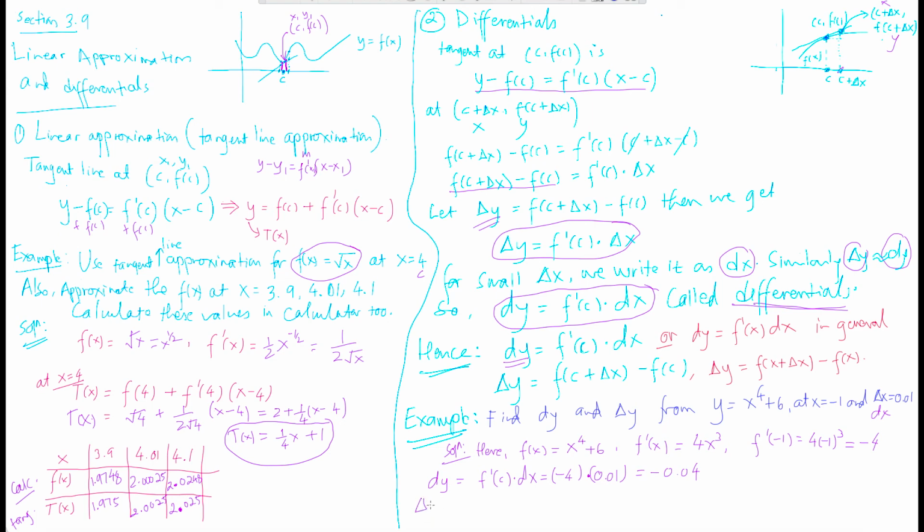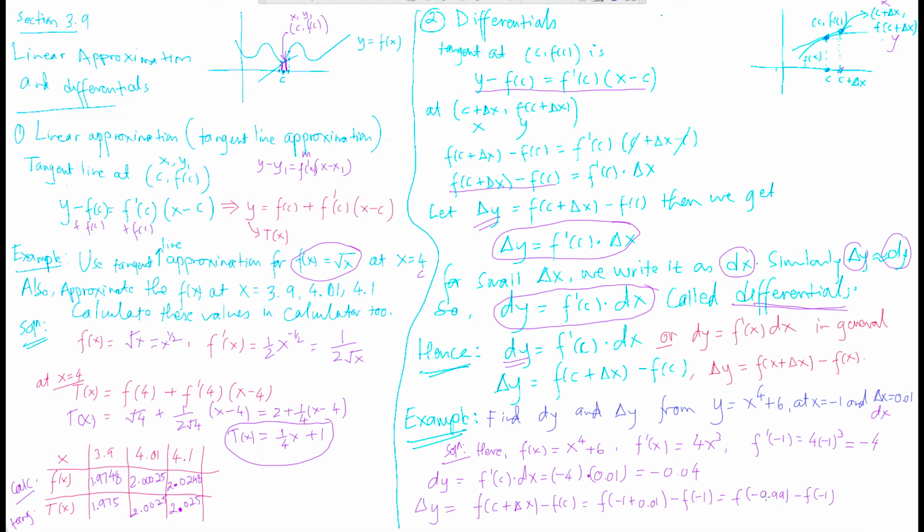Let's find delta y. What is the formula to find delta y? Delta y is basically f of c plus delta x minus f at c, right? So what is c? C is -1 plus delta x, which is 0.01, and then minus f at -1, right? So how much is that? This will be f at -1 plus 0.01, which is negative 0.99, and then minus f at -1.